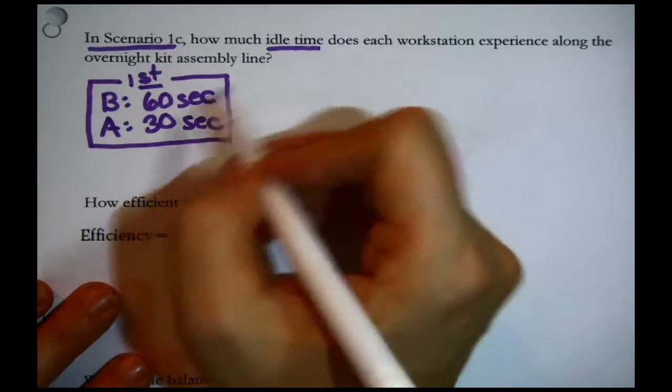Now idle time. How much idle time is actually enjoyed, so to speak, at that workstation? Idle time is the cycle time, the total budget of time that the workstation is given to do something, minus the amount of time that it actually takes for the workstation to do whatever was assigned to it.